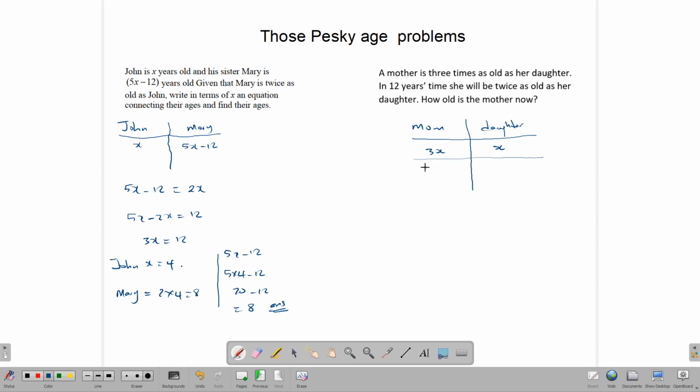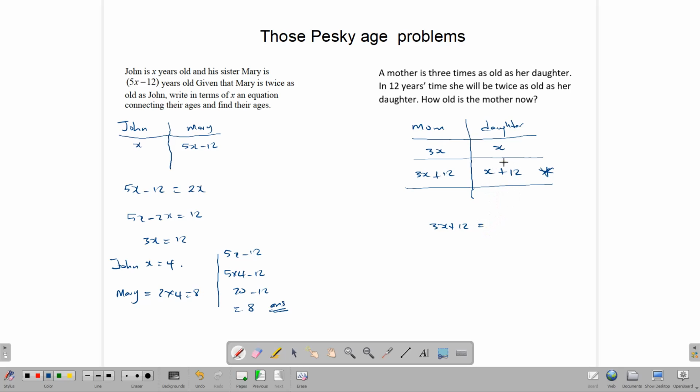But in 12 years' time, the mother is going to age 12 years and the daughter is going to age 12 years. What the question says is that at this point in time, 12 years into the future, the mother will be twice as old, which means that the mother's age will be equal to 2 times the daughter's age.